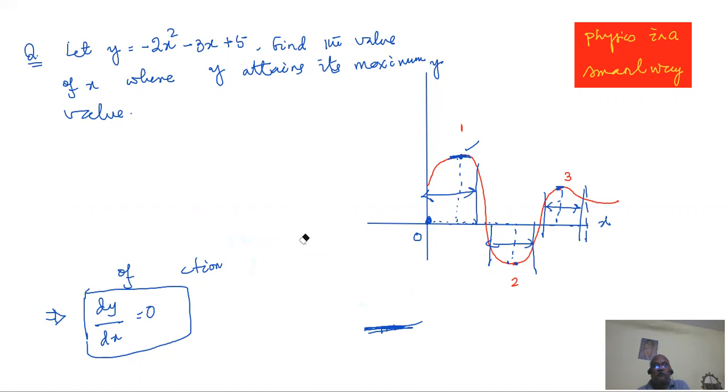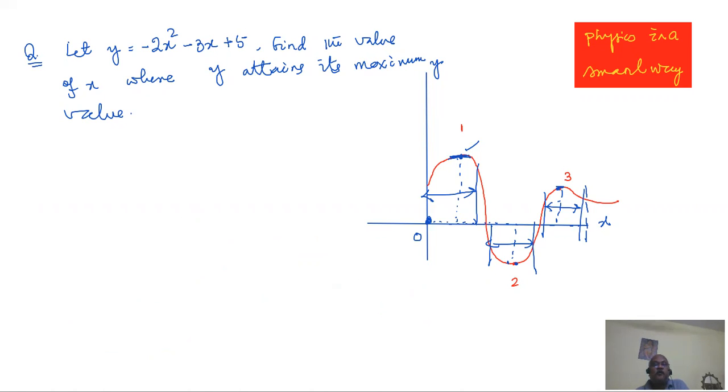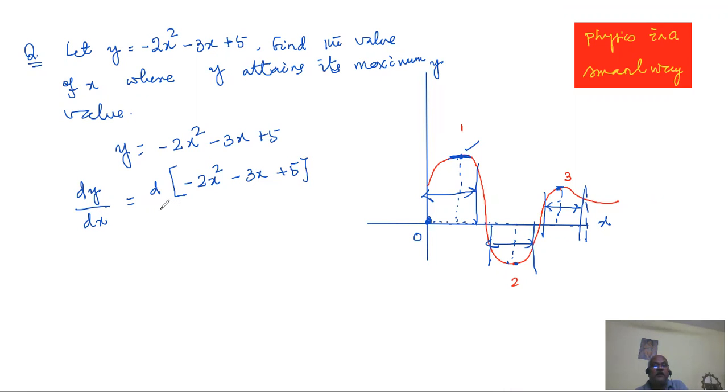And as you all know, at maximum or minimum, the derivative of the function is 0, or geometrically speaking, slope will be 0. So because we have the function y equal to minus 2x square minus 3x plus 5, we take its derivative dy by dx, that is the derivative of minus 2x square minus 3x plus 5 with respect to x.